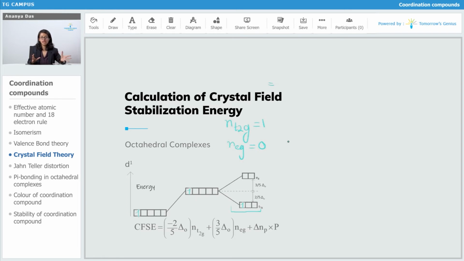There are no paired electrons, only 1 electron, so delta NP is 0. Substituting, CFSE equals minus 2/5 delta O into 1, which is minus 0.4 delta O. So the CFSE of octahedral complexes of d1 configuration is minus 0.4 delta O.